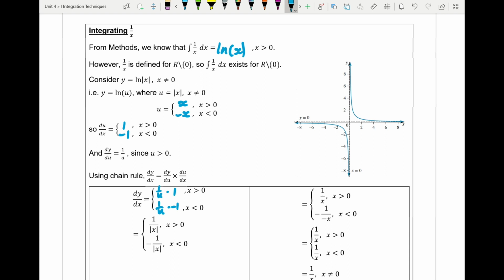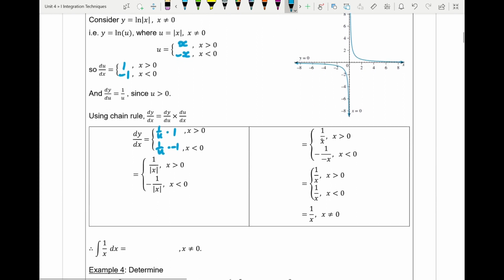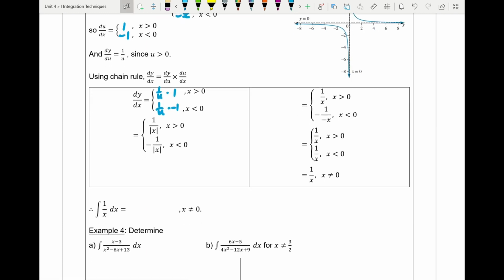So up on the right here, we get two negative symbols and those cancel out. So it's just 1 on x for x not equal to 0. So if we integrate 1 on x dx, we actually get the natural log of the absolute value of x, which accommodates for all real numbers except x equal to 0.